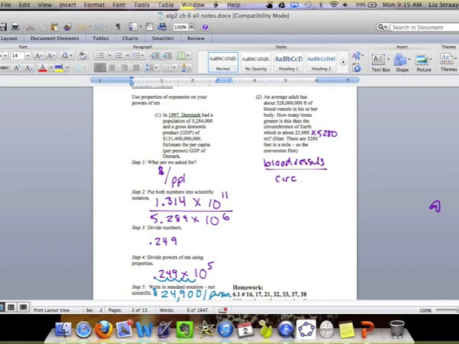So then we've got our blood vessels divided by, when I did that multiplication, I got 132 with 6 zeros.